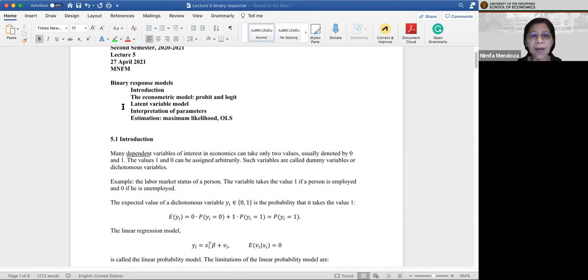Then we'll have an alternative interpretation of the probit and logit in the context of latent variable models, which are quite helpful in our limited dependent variable models. Then we'll look at the interpretation of estimators, and then we'll go to estimation using maximum likelihood and OLS.